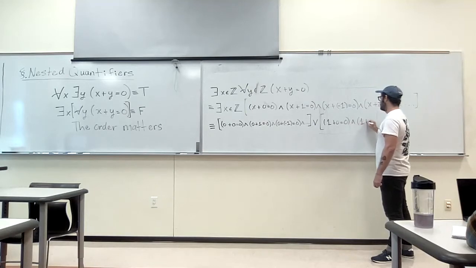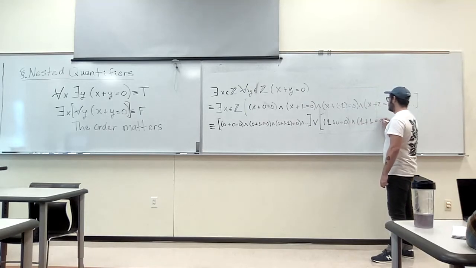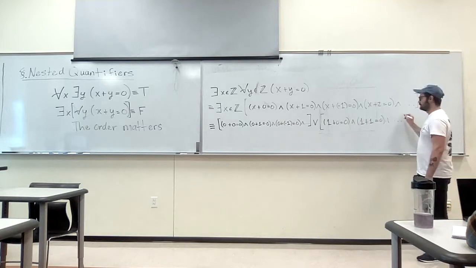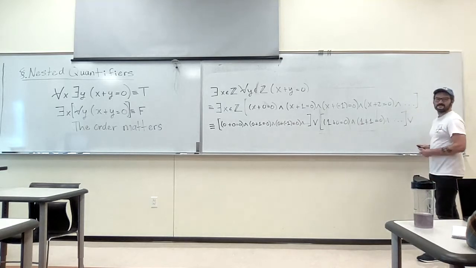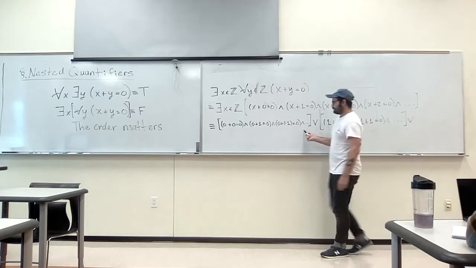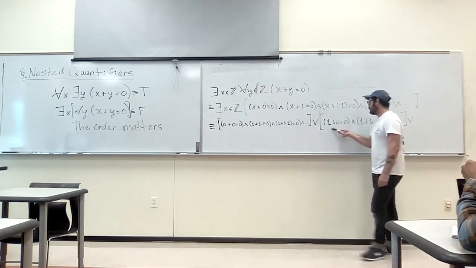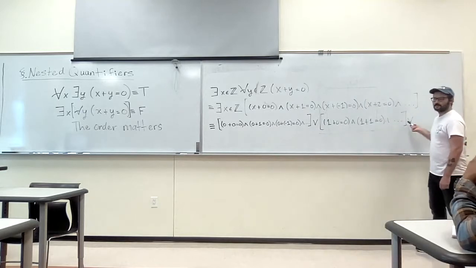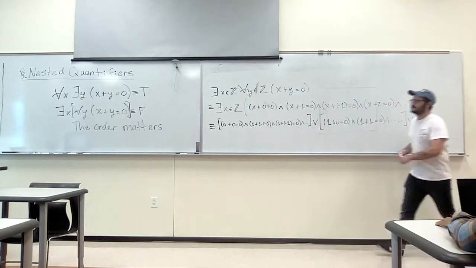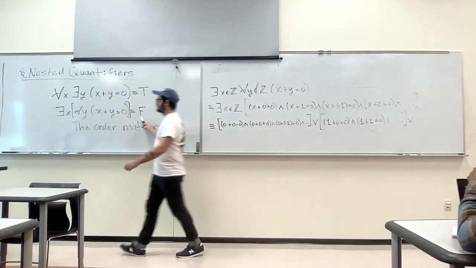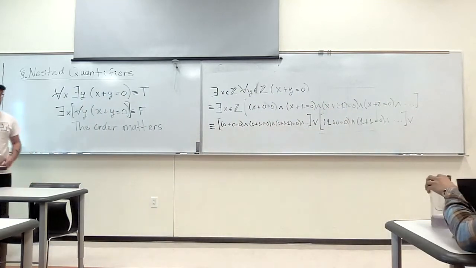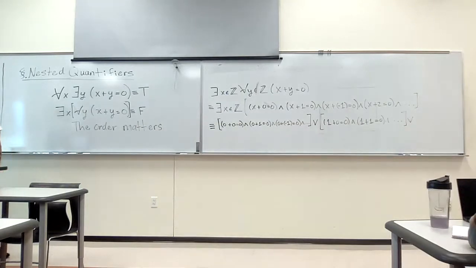And 1 plus 1 is equal to 0. And so on. And then another or. Right? And that's going to be false. Every single one is going to be false. So then we see that indeed this one is false. Okay. More or less get the idea.